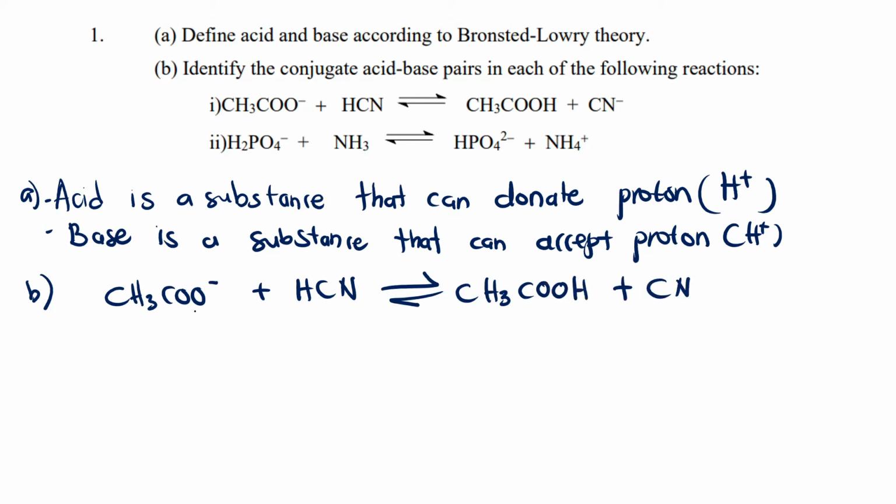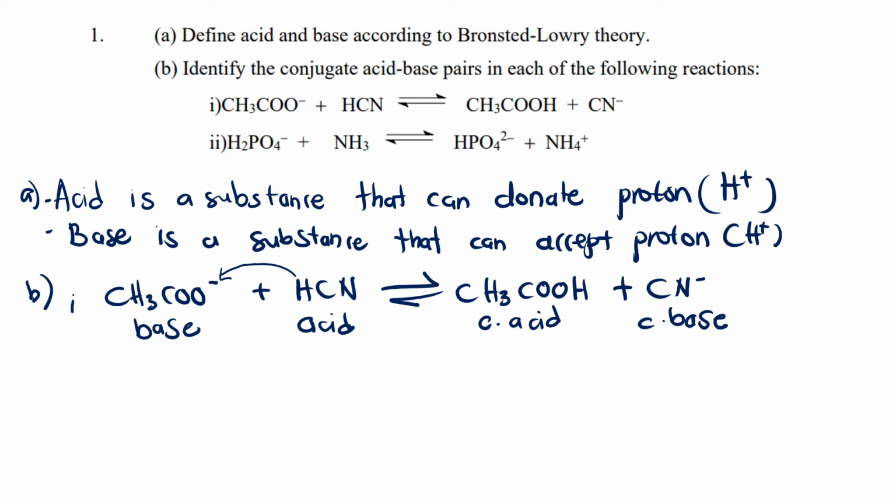Here the acetate has accepted a hydrogen, a proton, and become CH3COOH. So HCN is the acid, acetate is the base. On this side, CH3COOH is the conjugate acid, and CN minus is the conjugate base. So this is the pairing.